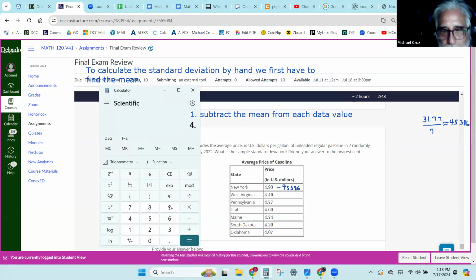So 4.93 minus. No, that's not right. Oh, something else got in there. .5386. Put it in memory. Okay.